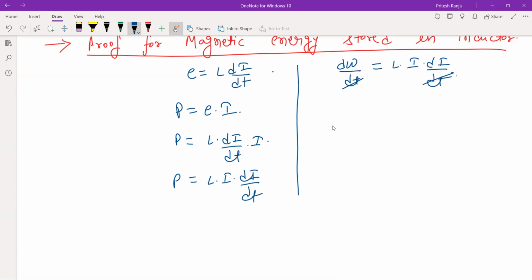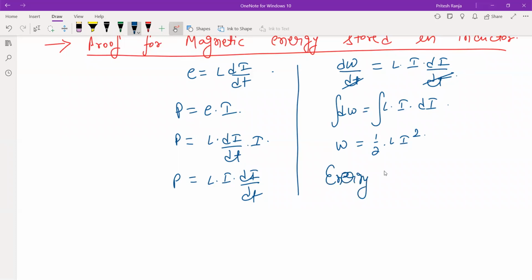So dt gets cut and we have dw as Li into di. We will integrate both sides. So we get work as half Li square, and work done is equal to energy stored, that is half Li square. This is the expression of energy stored in the inductor, which we call magnetic energy.